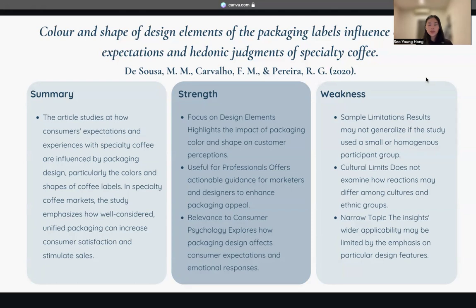The strengths of this article are that they focus on design elements, highlighting the colors and the shape, on customer perceptions, and they offer useful guidance for professionals, marketers, and designers to enhance their packaging appeal and its relevance for the consumer. It explores how packaging design affects consumer expectation and emotional response.